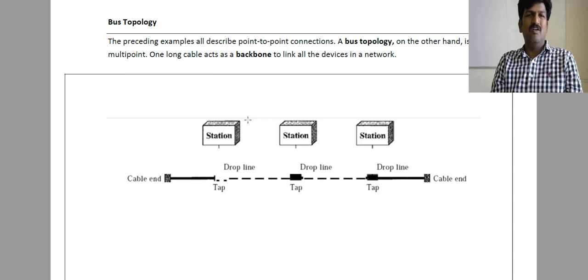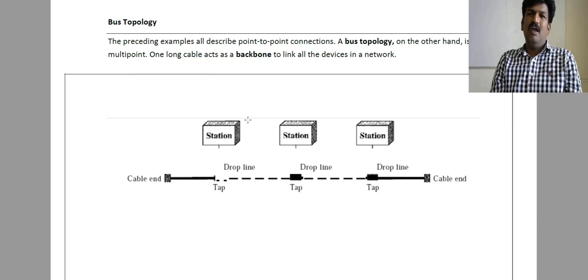Then you have to understand that in these previous two examples, there are dedicated links between the computers. In the mesh topology there are dedicated links among all the computers. In the star topology you can observe one dedicated link between each computer and the central hub, but in this it's not like that.